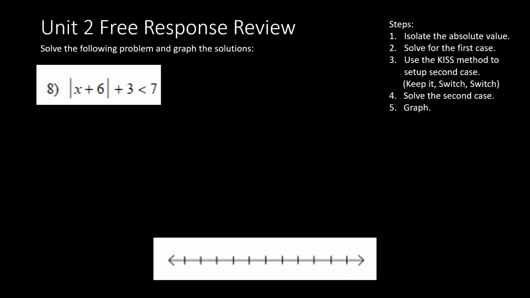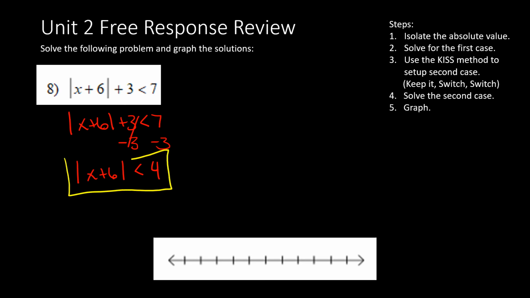Alright, so looking at problem number 8, we have the absolute value of x plus 6 plus 3 is less than 7. So to isolate this, we'll subtract 3 from both sides. So I get the absolute value of x plus 6 is less than 7 minus 3 is 4. And let's go ahead and box this, as this is our isolated absolute value.